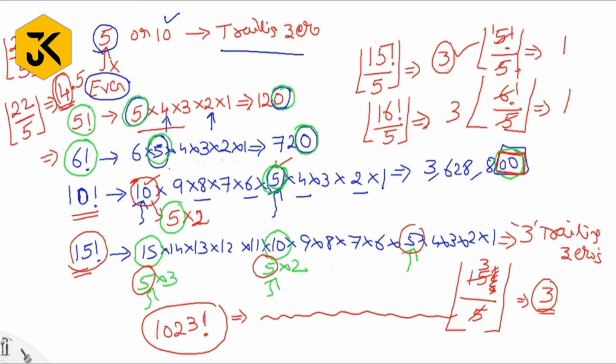Here, I am going to take one more. For example, the question is, what about 25 factorial? In 25 factorial, how many 5s will you get? Let us take 24 factorial first, right?